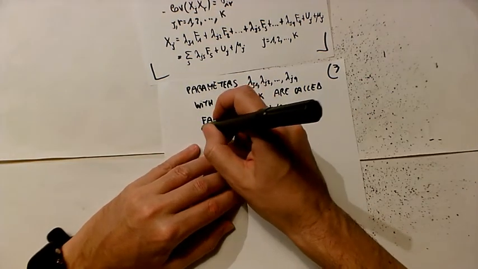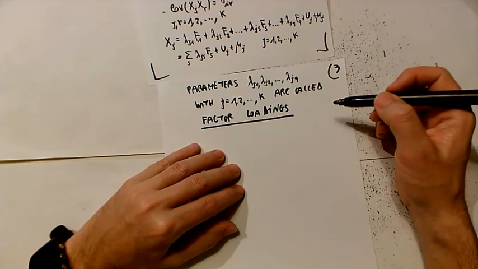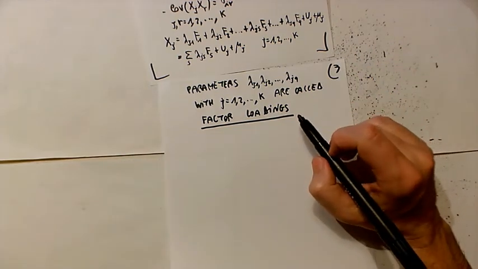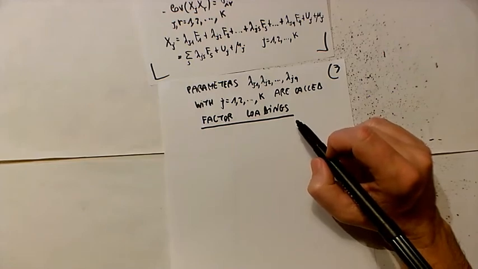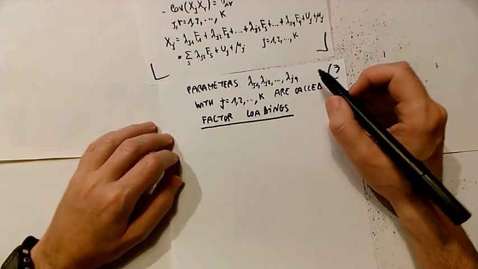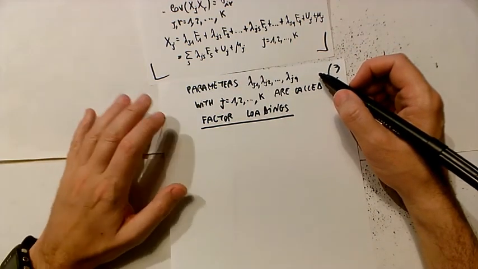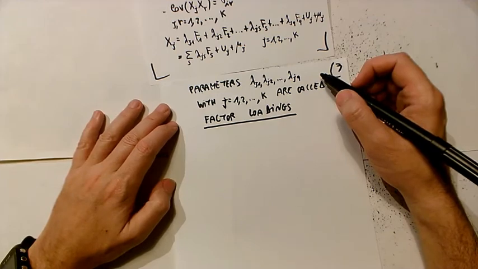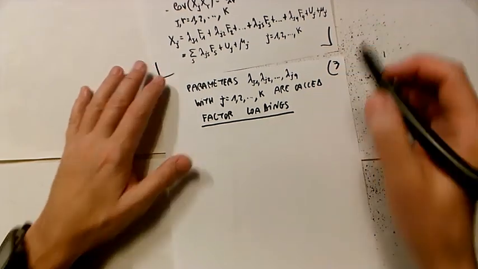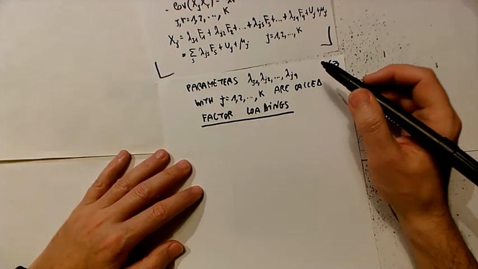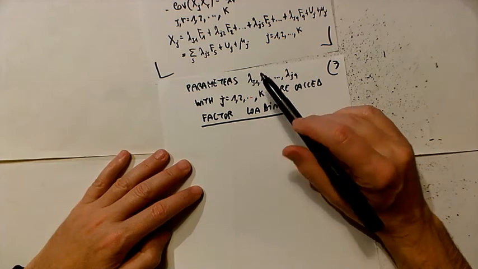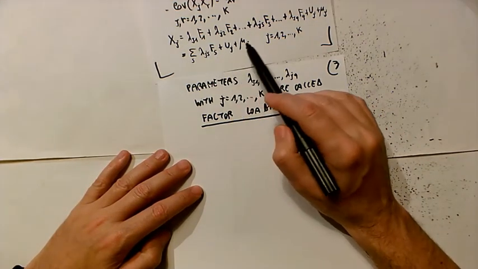The factor loadings take a central role. They are very important in factor analysis. They represent one of the typical outputs of factor analysis, and I will focus on this concept. Basically, the factor loadings are the coefficients of the linear combination.